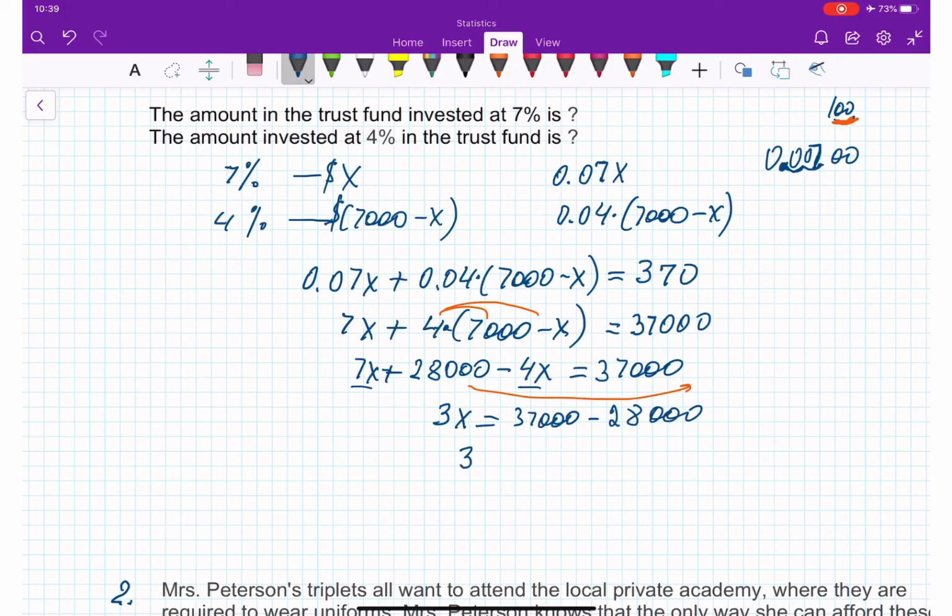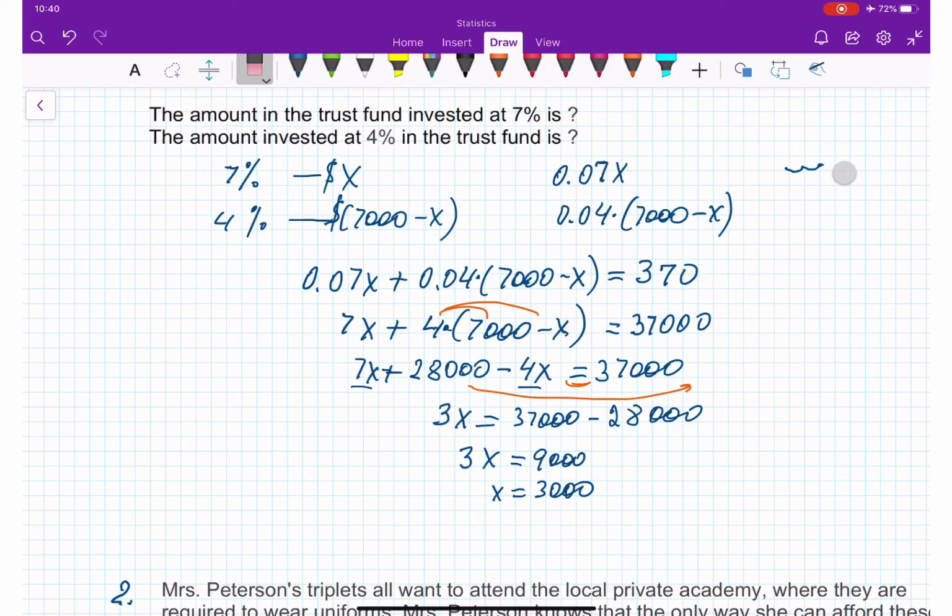When I move one term to the other side of the equation, to the other side of the equal sign, I flip the sign every time I move from right to left or from left to right. So 3x is equal to 9,000 and x is equal to 3,000.